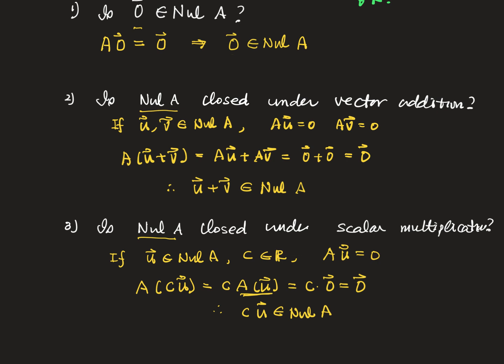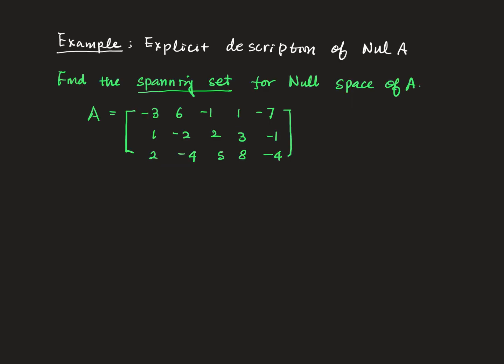Okay. All right. Next one is how to express the null space based on the matrix. So we're going to express the null space based on the matrix A. That's what we're going to do, guys. It's a little tricky, but we're going to do it together.